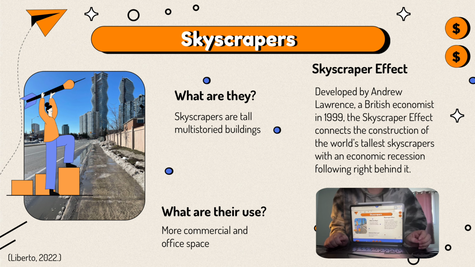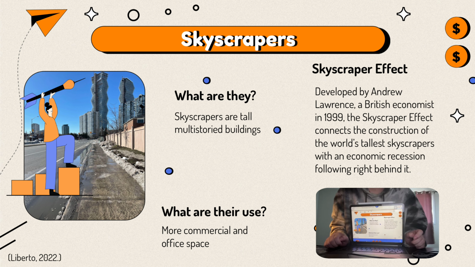This may seem counterintuitive, as one might assume that the construction of such impressive buildings would be a sign of economic prosperity. However, history has shown us time and time again that this is not always the case.